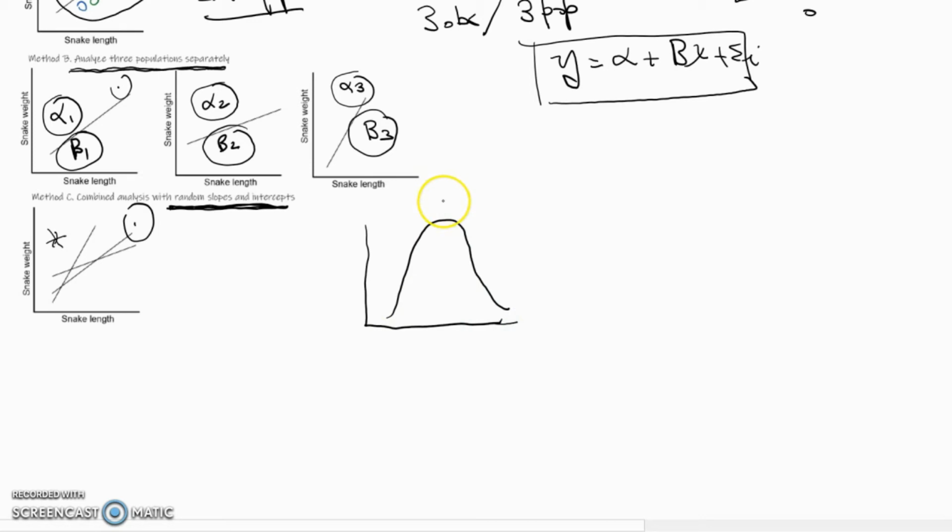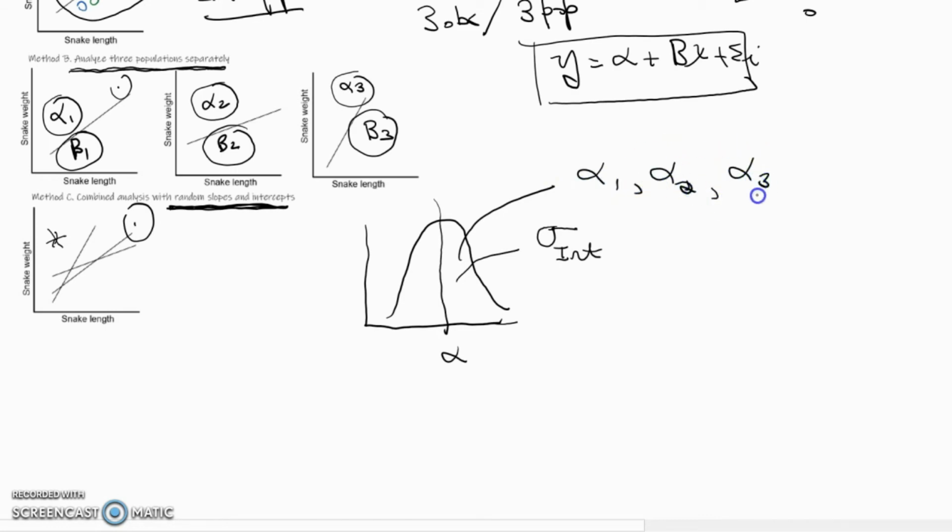And so we've got some random distribution of intercepts that has a mean that I'll identify as alpha, and it has a standard deviation that I'll identify as sigma int. And from that distribution, I will draw 3 values at random: alpha 1, alpha 2, and alpha 3.